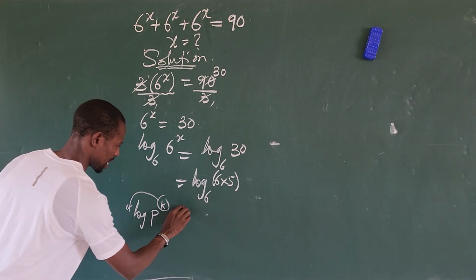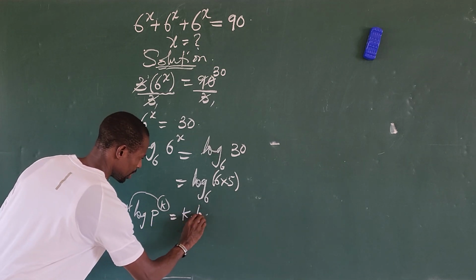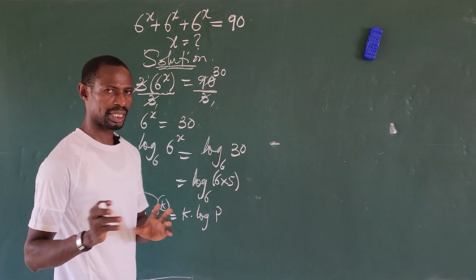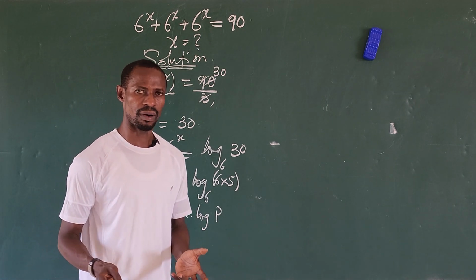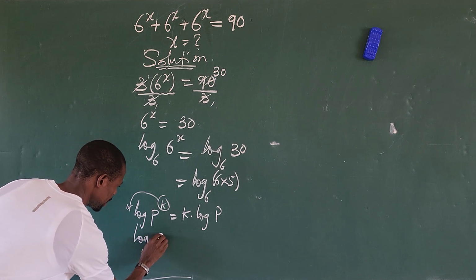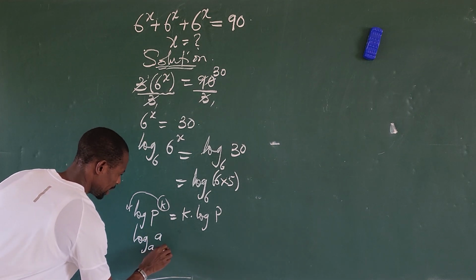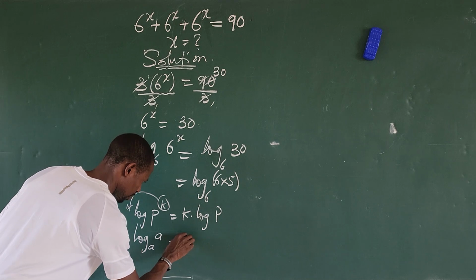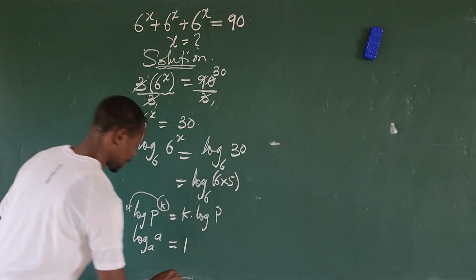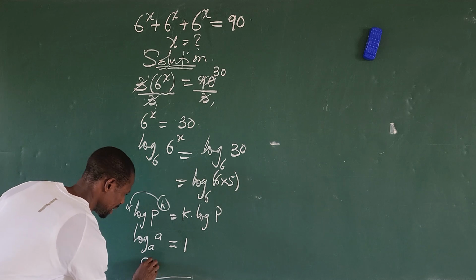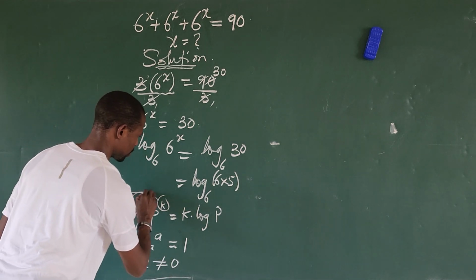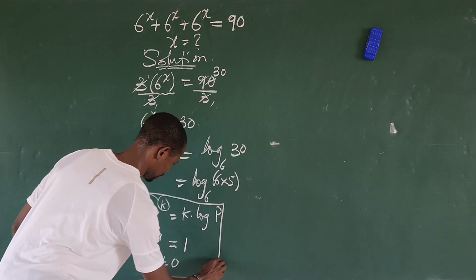And this will give us k times log of p, right? Now the second law, which is what we call the same base law, says that if you have log of a base a, this is equal to 1. But there's a condition attached to this. What is the condition? It's provided a is not equal to 0. So if a is not equal to 0, this law holds.